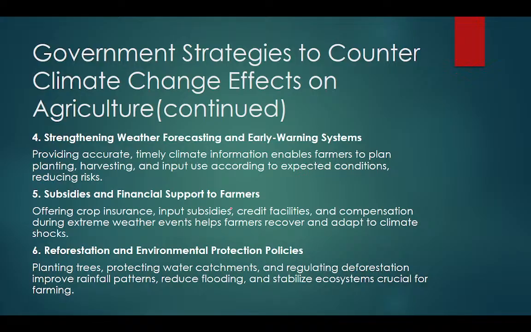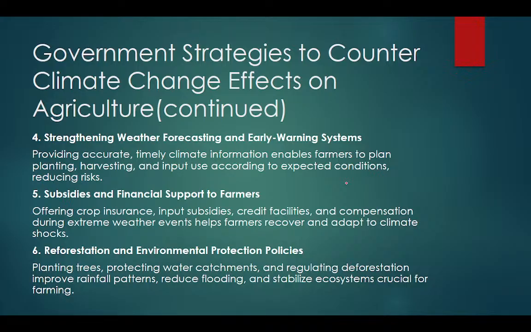So again here, recently we have seen a number of microfinancial institutions coming up with products that are geared towards offering crop or livestock insurance to farmers. Again, this should help cushion farmers from adverse climatic effects that are brought about by climatic change.